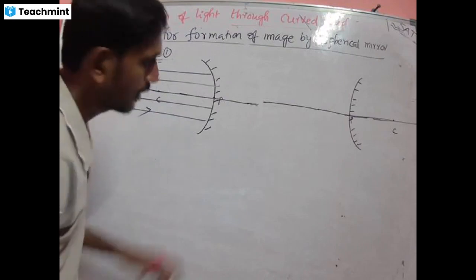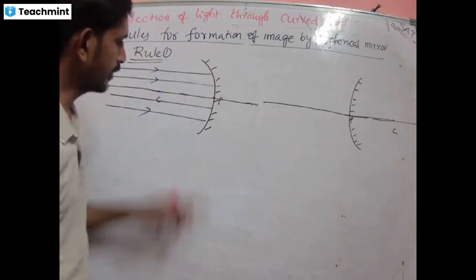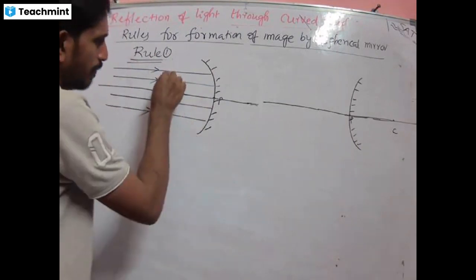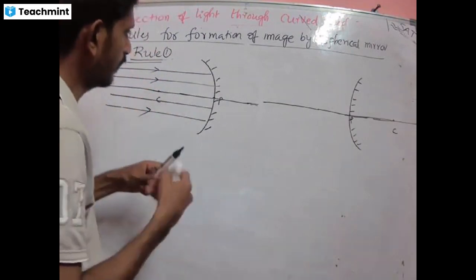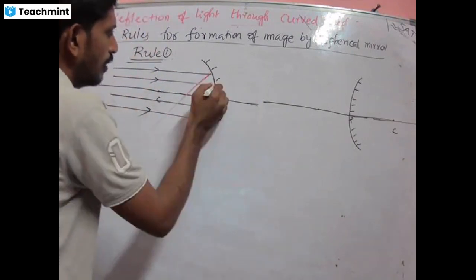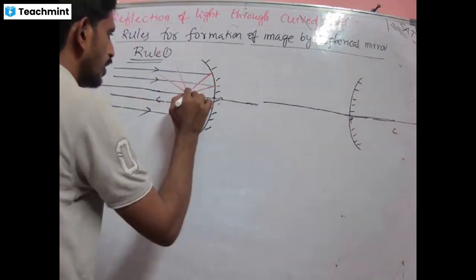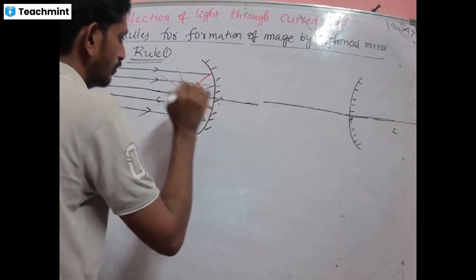After reflection, they meet at one point. That is rule number 1. Once again, a beam of rays which are parallel to the principal axis, after reflection, they pass through the principal focus. This point is called the principal focus. This is rule number 1.